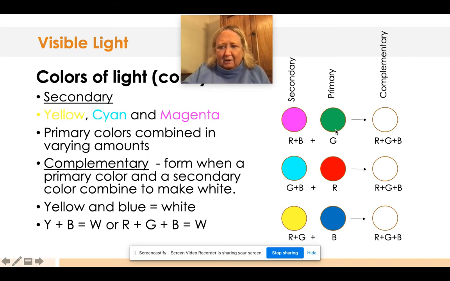Just know that there are primary, meaning the main colors, and then secondary. Lastly, there's a group of colors called complementary. That's what happens when a primary color and a secondary color combine and they get white. So a complementary color would be your white.